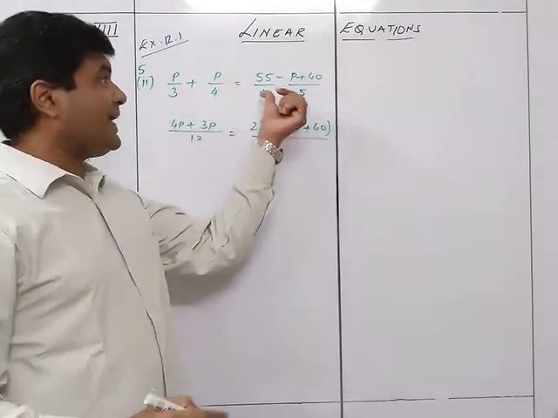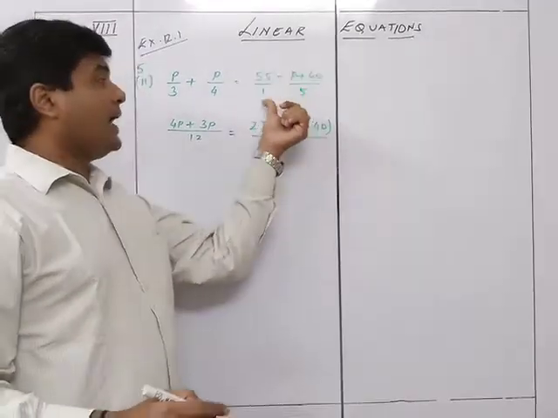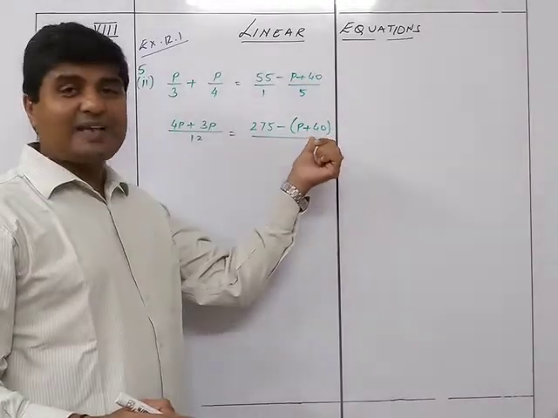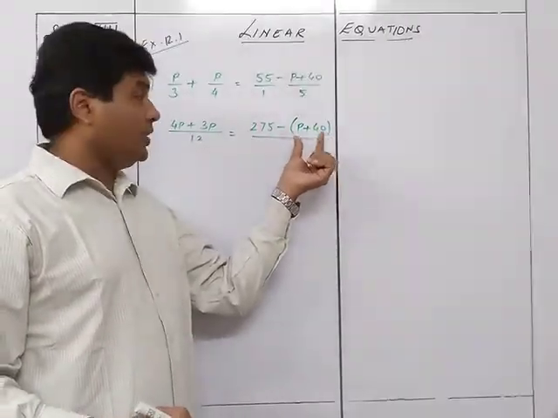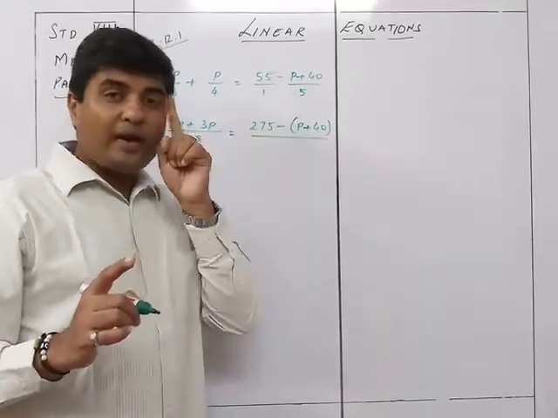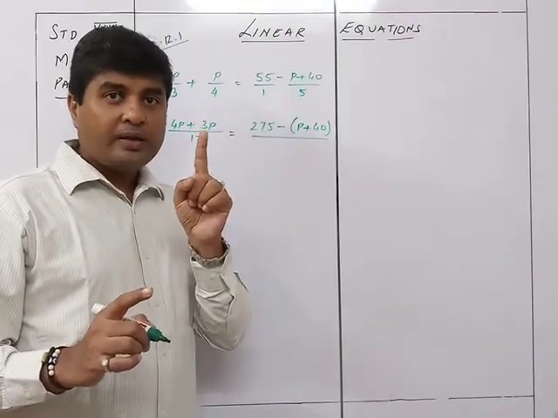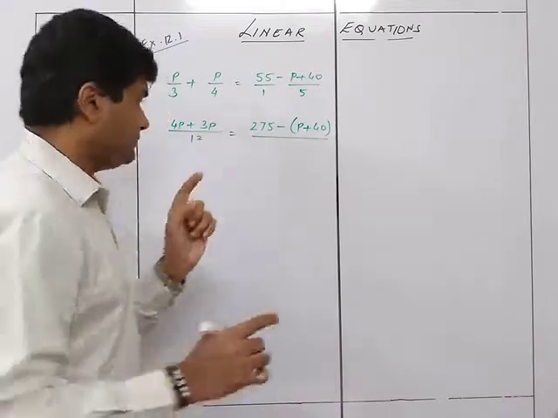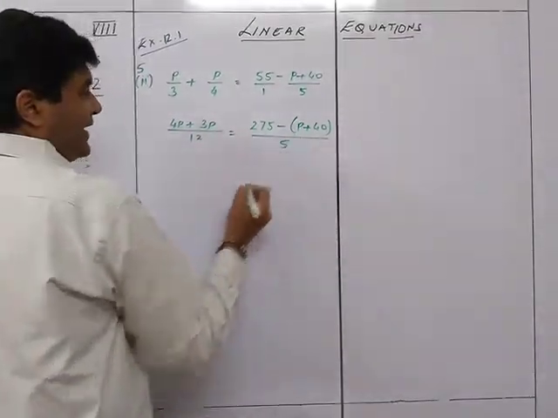Remember, whenever I got a minus sign here, I will see to it that I change the sign inside, or I'll put it in a bracket so that I'm not making a mistake later on. So this minus sign has to be very properly thought of, okay? Has to be taken care of very properly. LCM will be 5 like this.